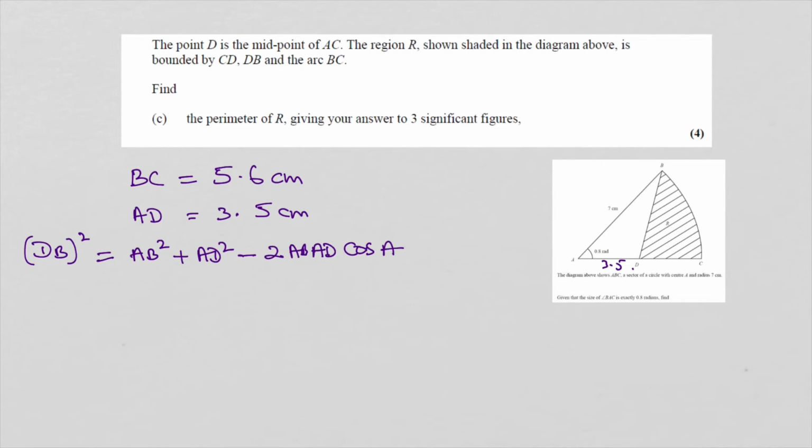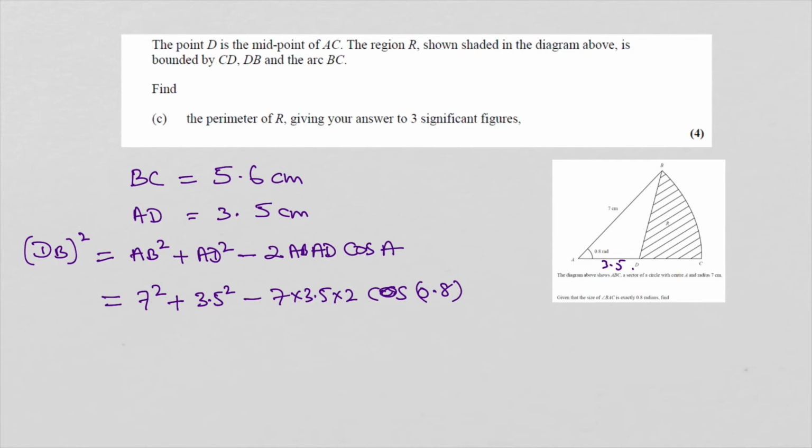Therefore, let's plug the values in. AB is 7, plus AD is 3.5, minus 7 times 3.5 times 2 cos 0.8.